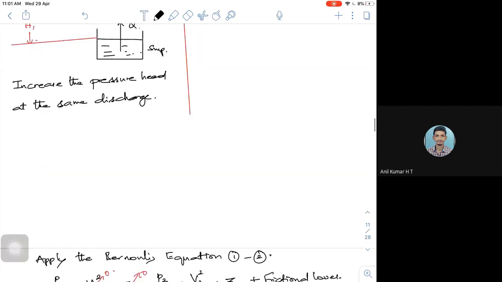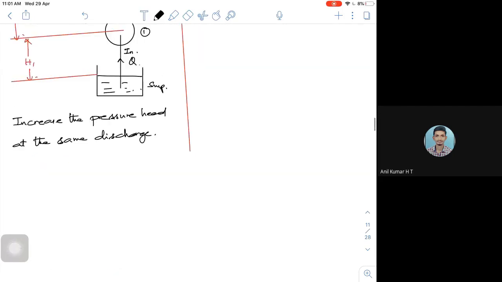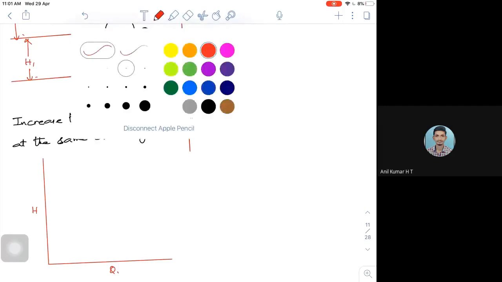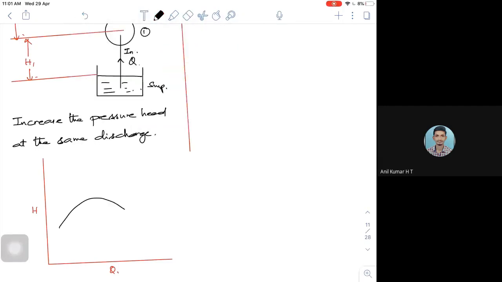What I mean by it is, if I try to draw the corresponding H versus Q, it will be something like this. This is how it looks. This is for the first pump, and this is for the second pump.